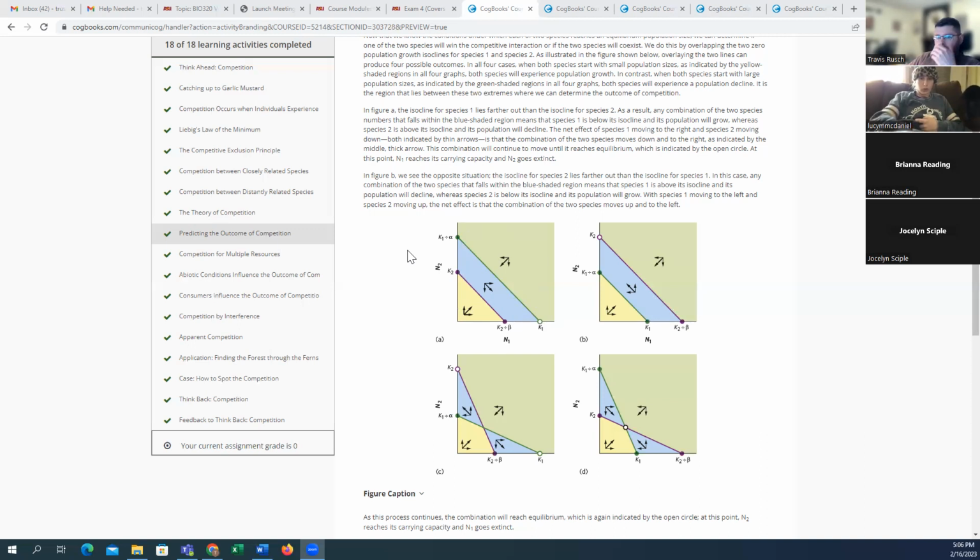Let's pick one. For A, K2 divided by beta is where the species 2 population is 0, correct?